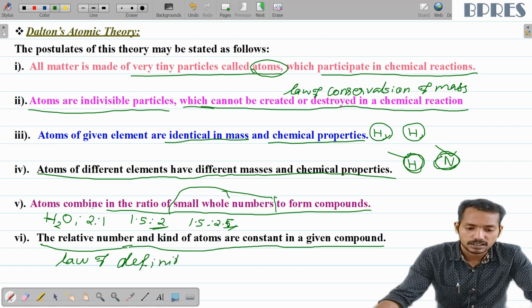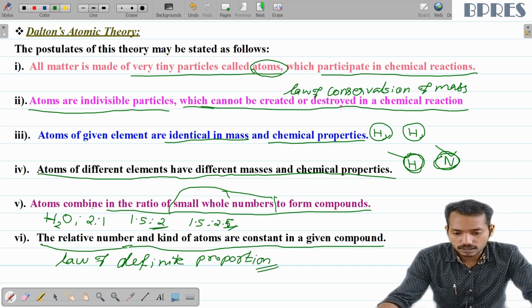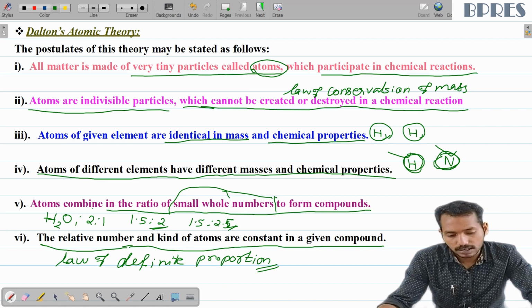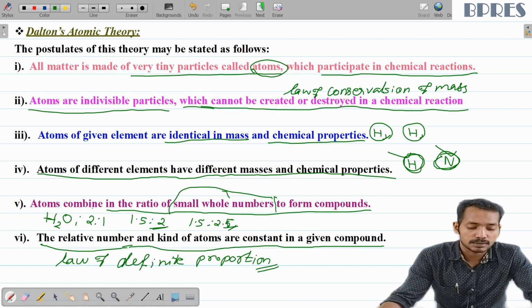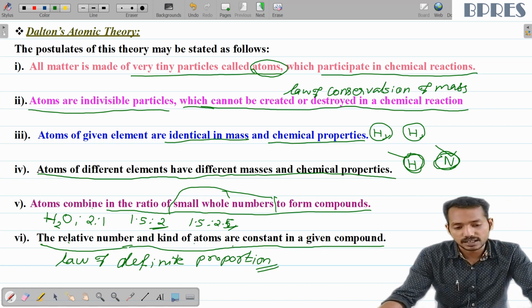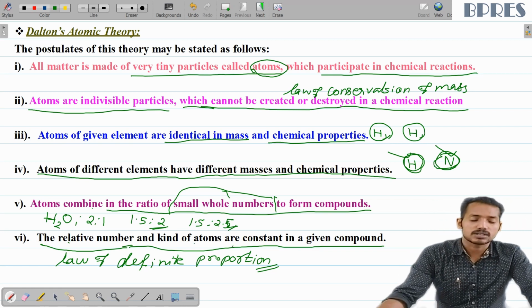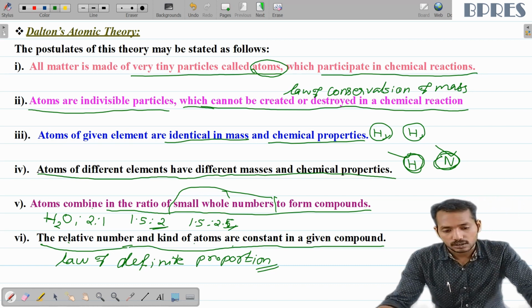The law of definite proportions says that in a chemical substance, the elements are always present in a definite proportion by mass. Similarly, the relative number and kind of atoms are constant, definite, in a given compound. So this is all about Dalton's atomic theory.